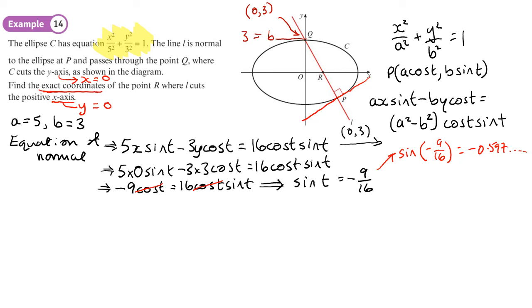Yes, there is. I can use sine squared t plus cos squared t is 1. So if I rearrange that, I will get sine t equal to the square root of 1 minus cos squared t.